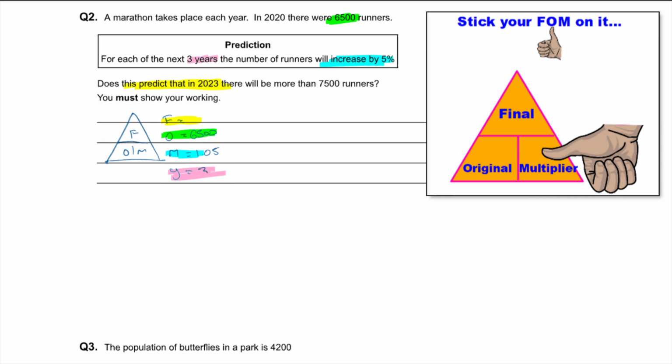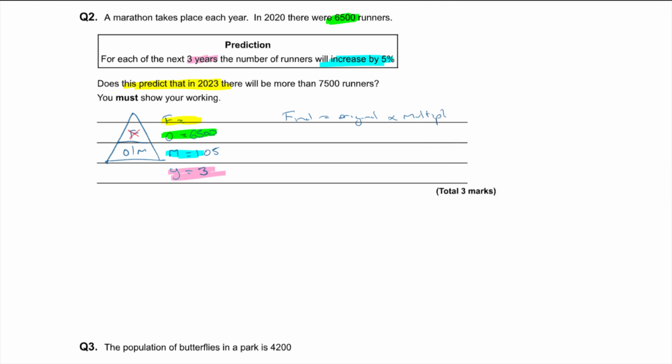Okay, so we've got all our values, and we know that final is original times multiplier. But when you've got repeated percentage change, you just raise that one to the number of years. Okay, so subbing in what we know into that equation. Original is 6,500. The multiplier is 1.05, and the number of years is 3.